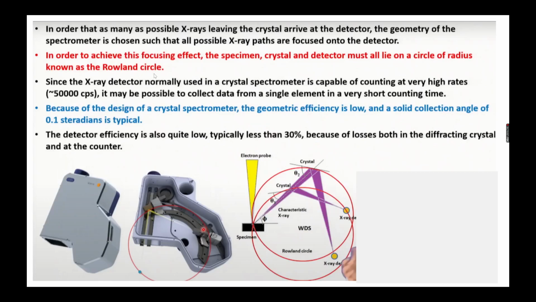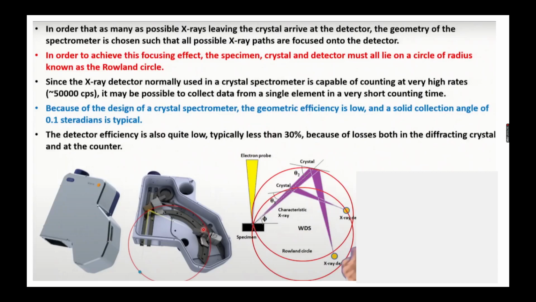Since the X-ray detector normally used in a crystal spectrometer is capable of counting at very high rates, it may be possible to collect data from a single element in a very short counting time. So you can collect the data in a very short time by using this crystal spectrometer.